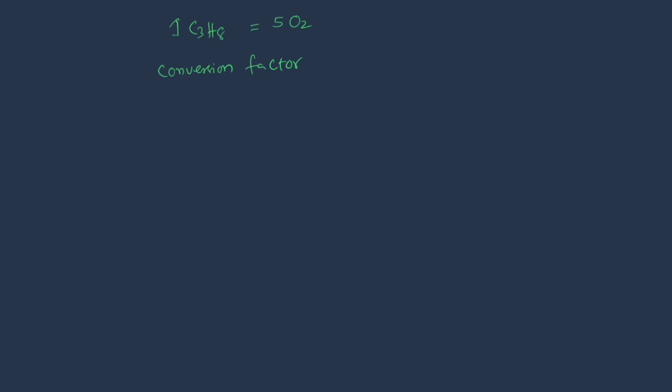The conversion factor is 1 C3H8 by 5 O2, or we can use 5 O2 by 1 C3H8. Like this, whatever the equivalent, that also we can use. Based on this, the calculation part will be easy.